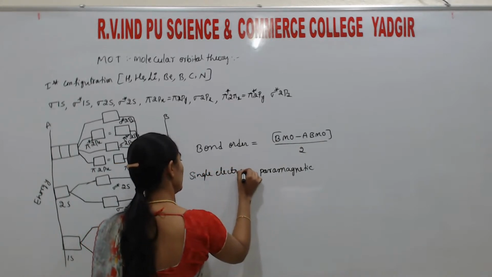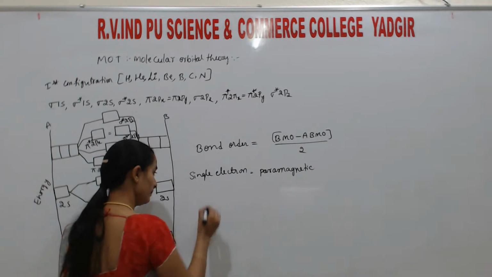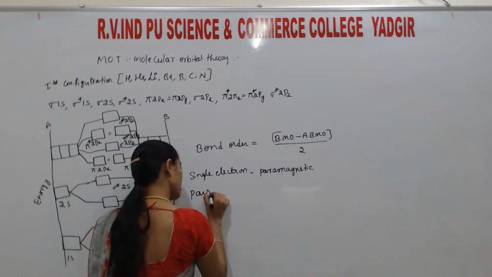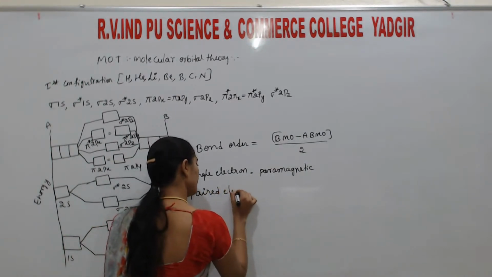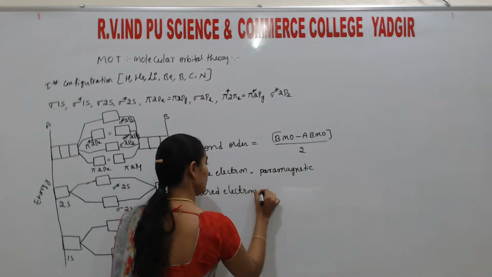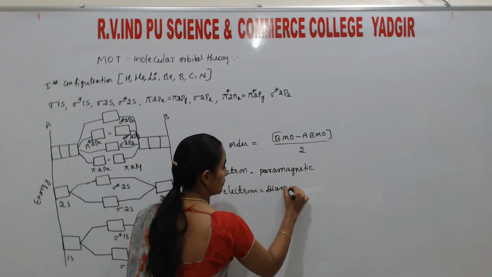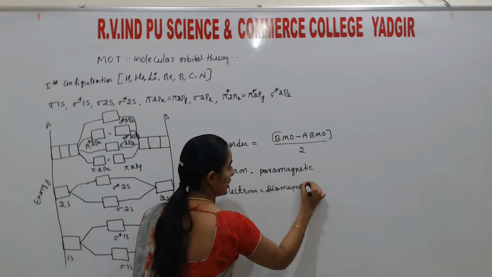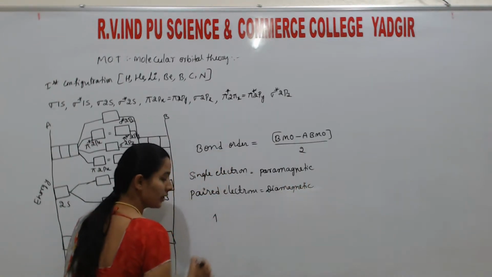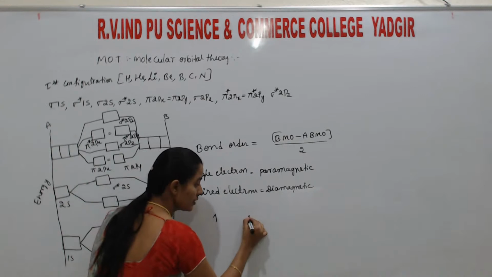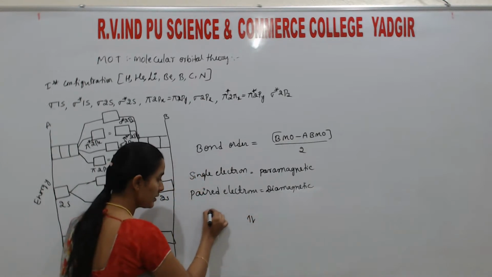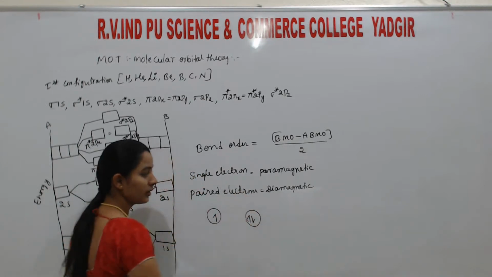Single electron means paramagnetic. Paired electrons mean diamagnetic. This is a single electron. This one is a paired electron. This is paramagnetic. This is diamagnetic.